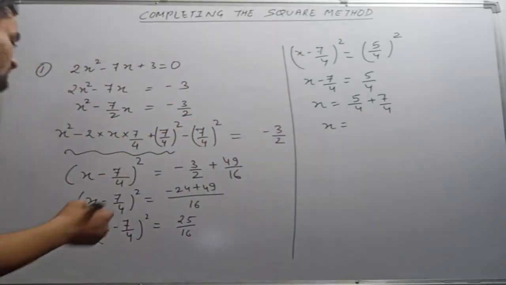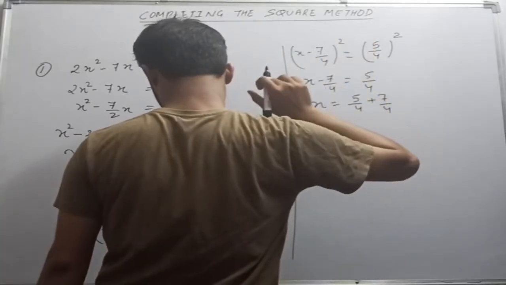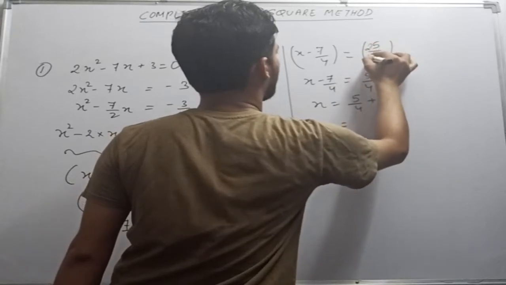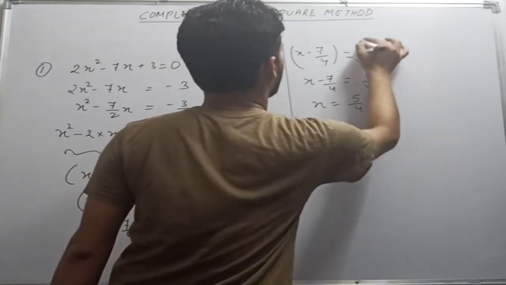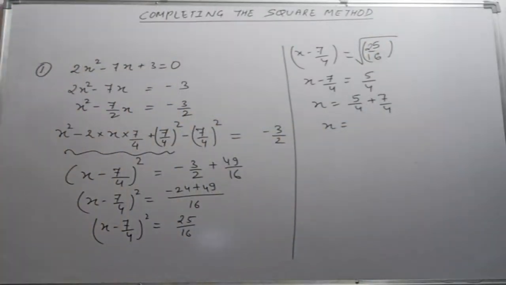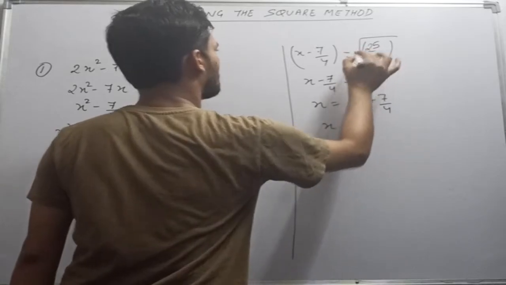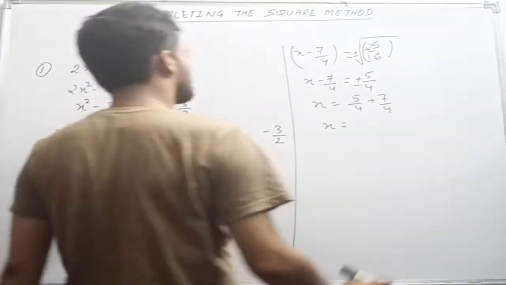Or sorry, this square will be gone, and this will be root of 25 upon 16, so this will be plus minus, because whenever we are shifting the square, it will come as plus minus.